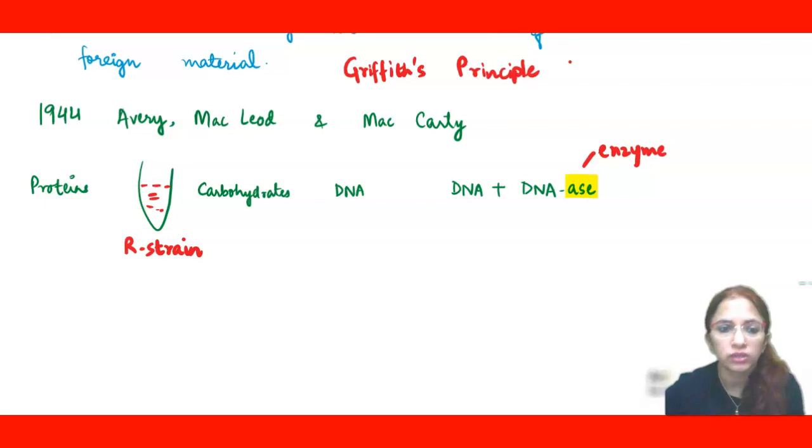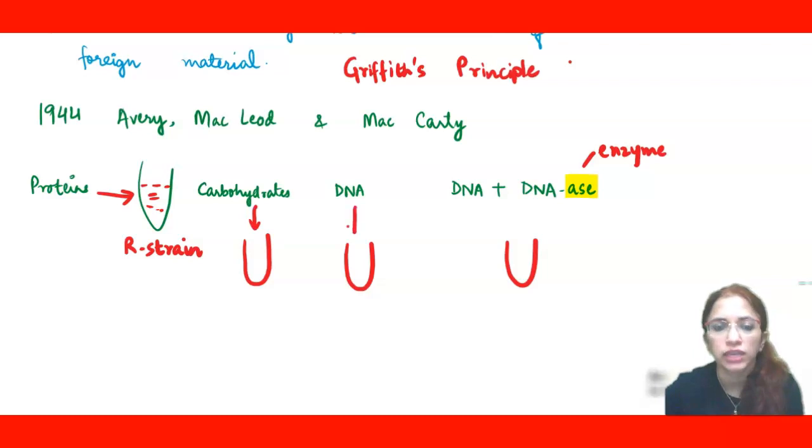So they took 4 different cultures because they had 4 components, and then they introduced proteins in one of the cultures, carbohydrates in one, DNA in one, and in one of the cultures DNA along with the DNA digesting enzyme called DNase.